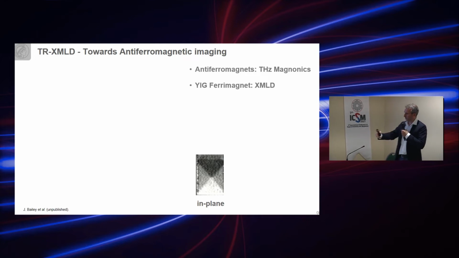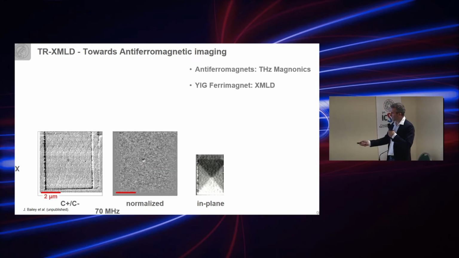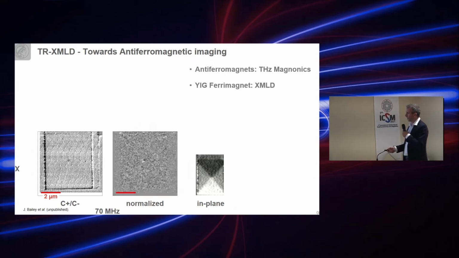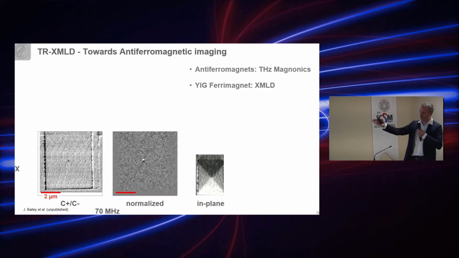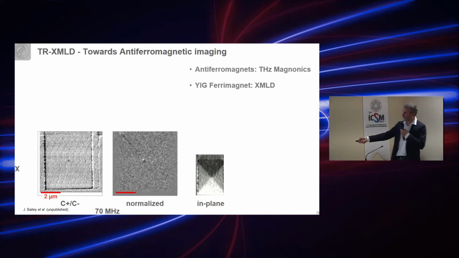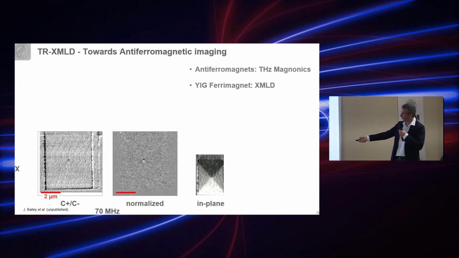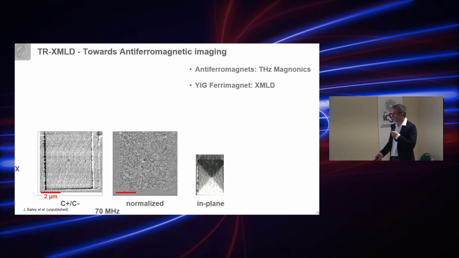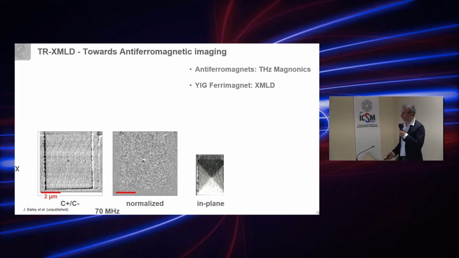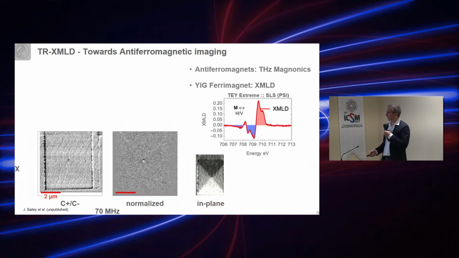We can probe this by tilting the sample. You see this Landau state, and if it's mounted in normal incidence to the X-ray beam, we can again directly resolve the vortex core here in the center, here in normalized view, and there's a gyration of this. Again, very low frequency, 70 megahertz. So that's far away from terahertz, but still.